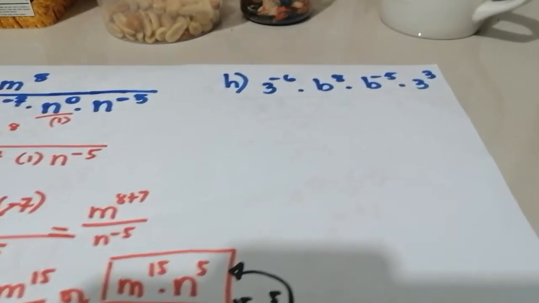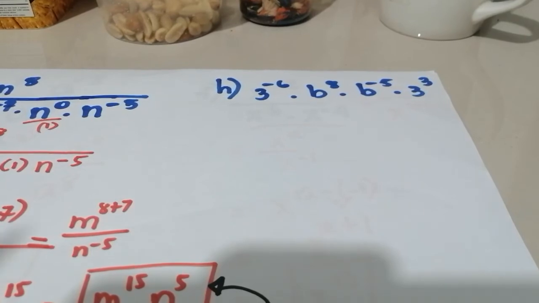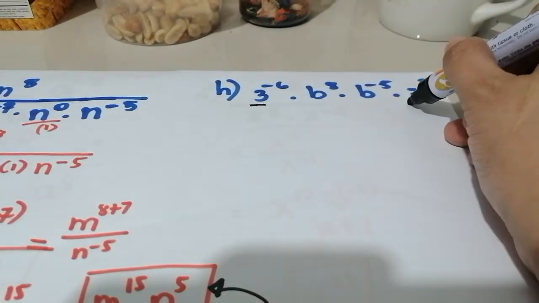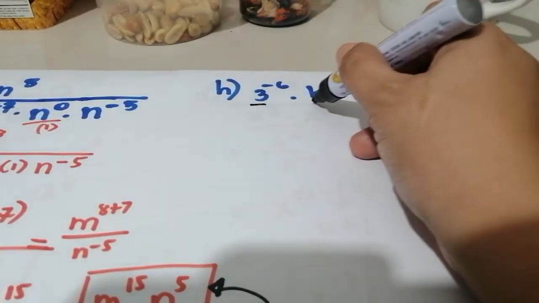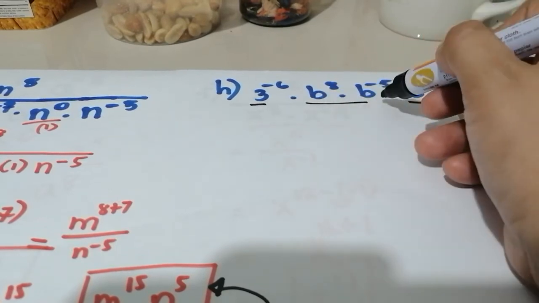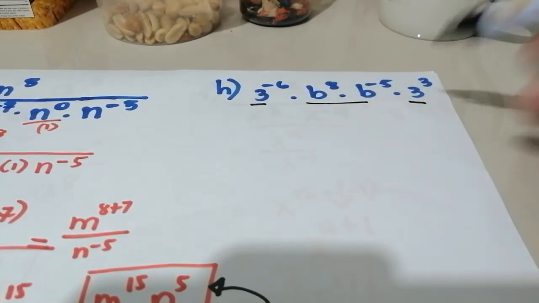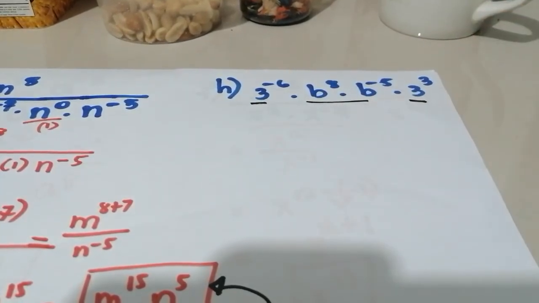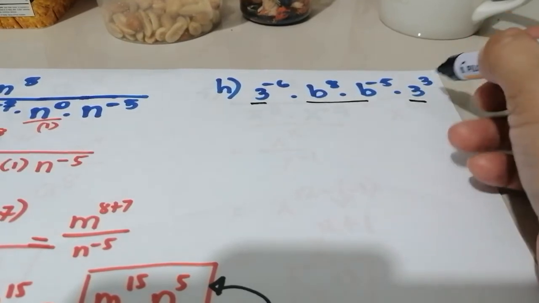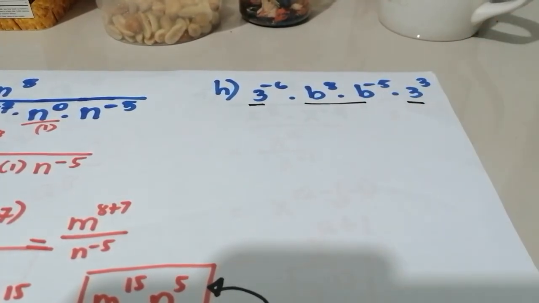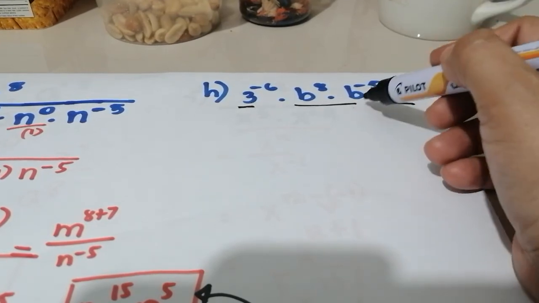Okay, next, the last is, what if we have this kind of example? So, ang gagawin natin dito, as you can see, we have 3 as the exponent and another 3 here. And also, we have the b and b with the 8 exponent and the negative 5 exponent. So, ang gagawin una natin, we have to combine this using the product rule.